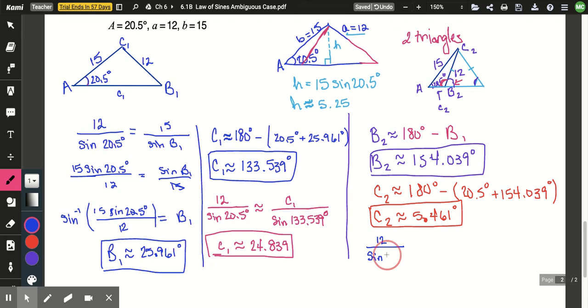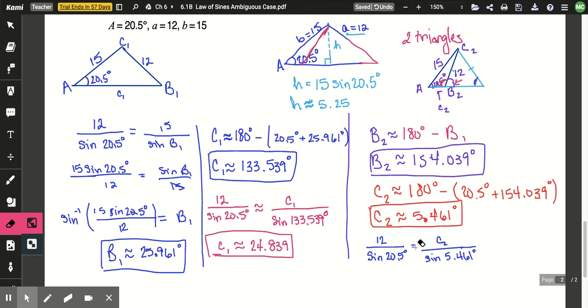So 12 over sine of 20.5 degrees equals, and then side on top here, so C2 over sine of, and I need angle C2, which we found was approximately 5.461 degrees. And so once again, we have an approximated value there, so I should have approximately equal to on this.